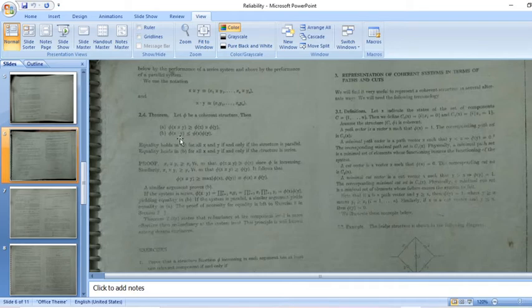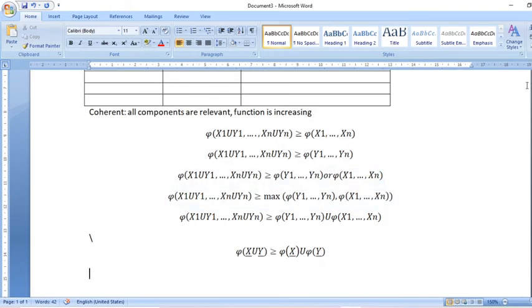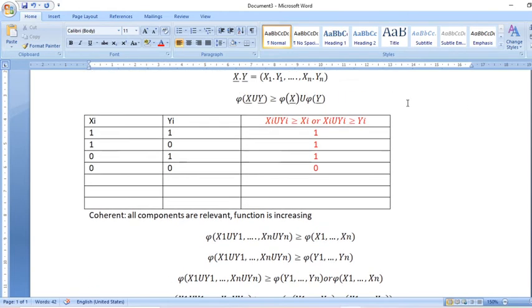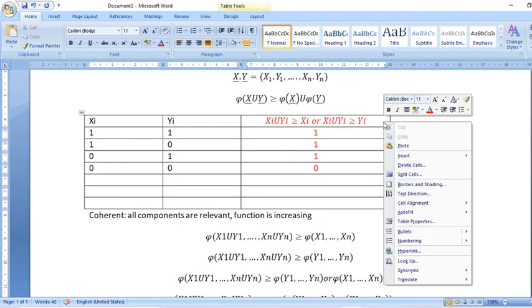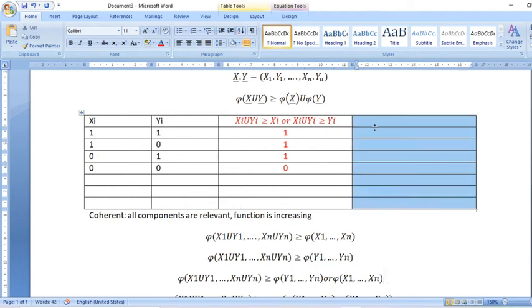Another is phi of x dot y less than or equal to phi of x into phi of y. How can we analyze that? I will insert one more column to the right. What is the value of this column? xi into yi. This is 1, this is 0, this is 0, this is again 0.